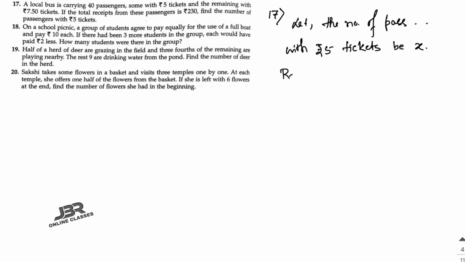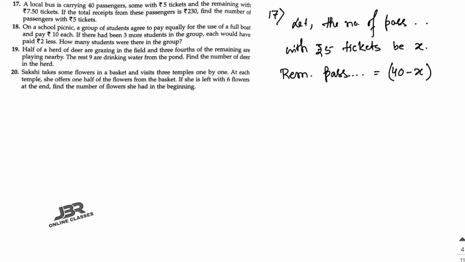So the remaining passengers equal 40 minus x. I repeat, let the number of passengers with rupees 5 tickets be x, and as the total passengers are 40, the remaining passengers with rupees 7.50 tickets are 40 minus x.